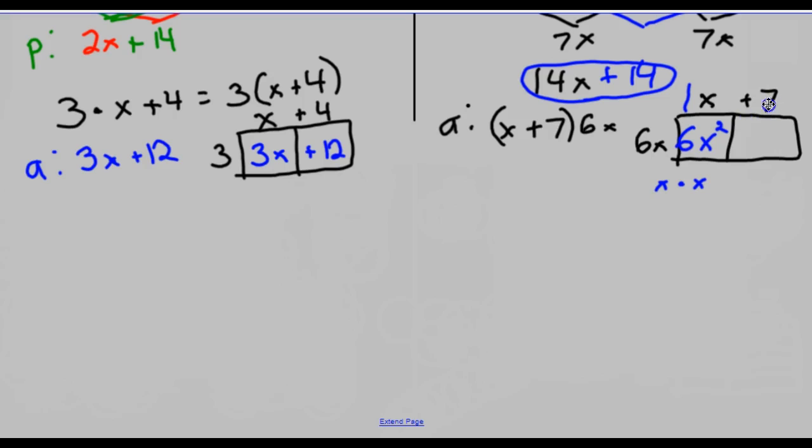And 6x times 7, that's going to give us 42x. So our area then comes out to be 6x squared plus 42x.